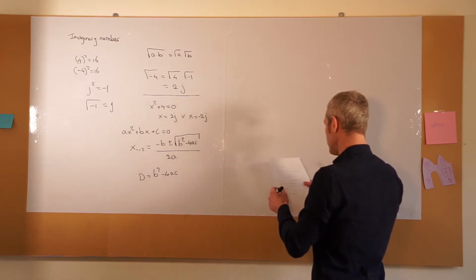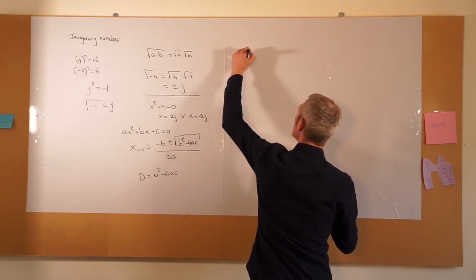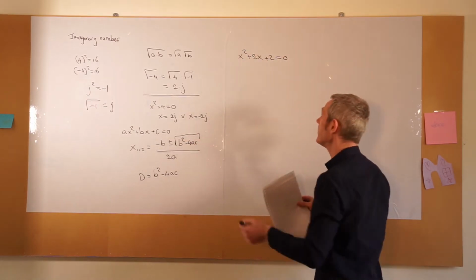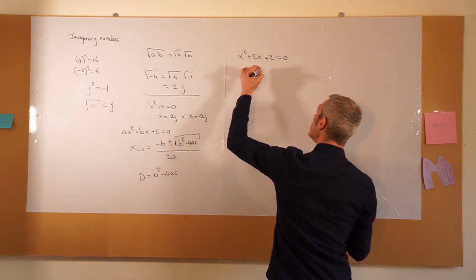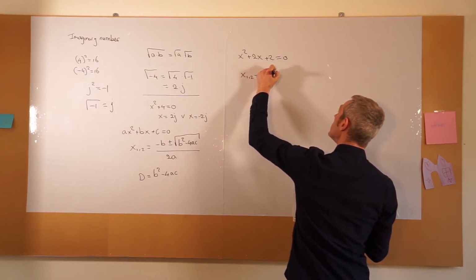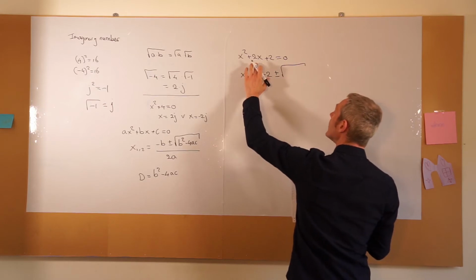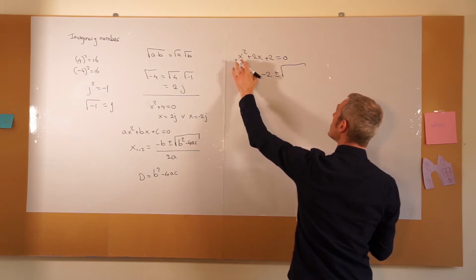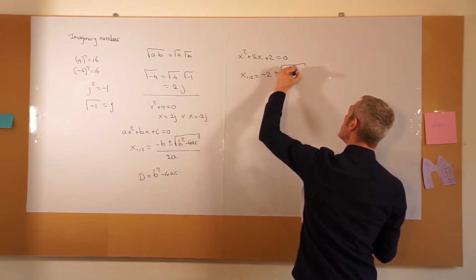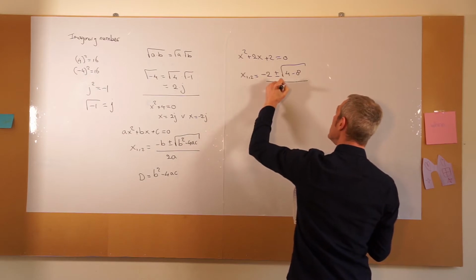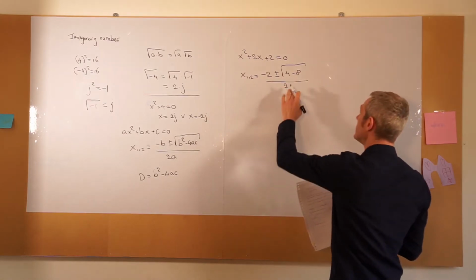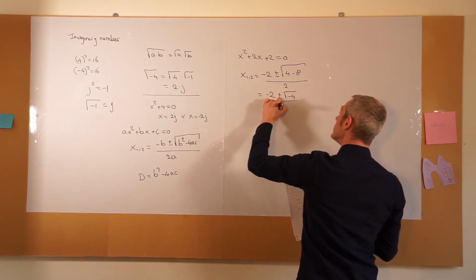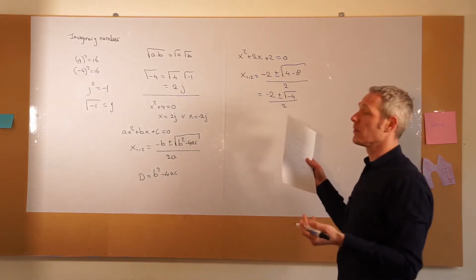I will give an example. For example, x squared plus 2x plus 2 equals 0. We use this formula, and x1 and x2 are minus b, so minus 2 plus or minus the square root of b squared, which is 4, minus 4 times 1 times 2, so that is 4 minus 8, divided by 2a. And we can simplify this. This becomes minus 2 plus or minus the square root of minus 4 divided by 2. And we already know what the square root of minus 4 is.